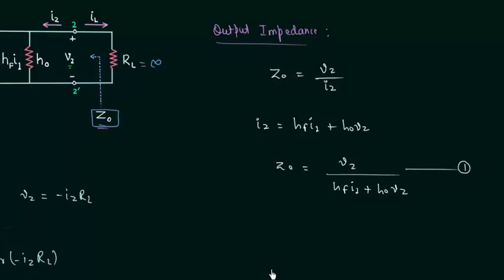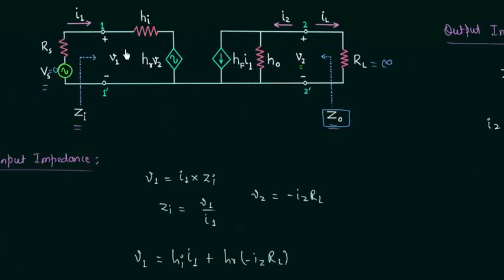Now to find out the second equation, we will apply Kirchhoff's voltage law in the input loop.